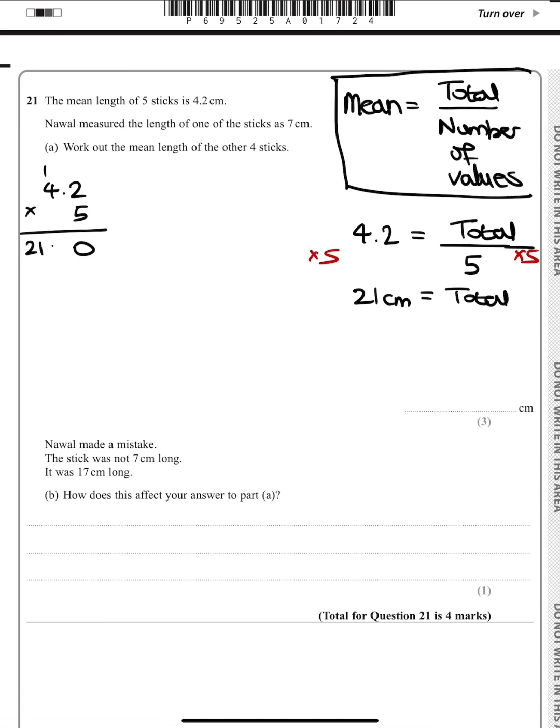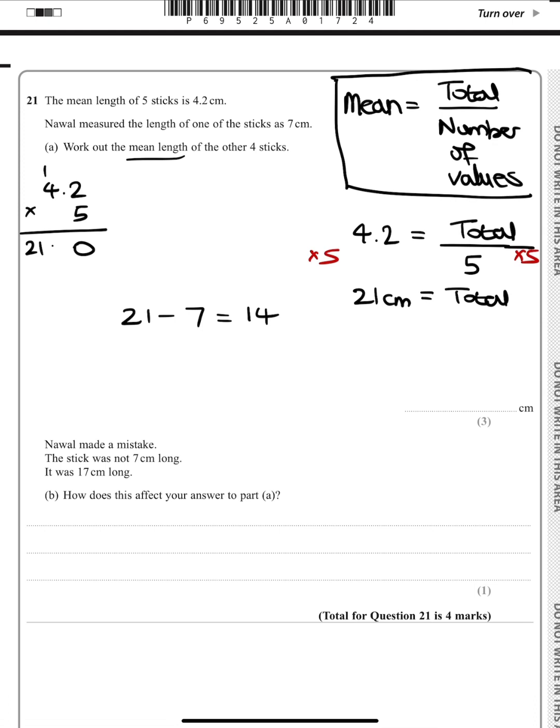It says Noel measured the length of one of the sticks as 7 centimeters. Work out the mean length of the other 4 sticks. So if the total of the 5 sticks had a total length of 21 centimeters, and I need to work out the mean length of the 4, I'm going to subtract the length of that one stick, which was 7 centimeters, from 21, which is going to give me 14.